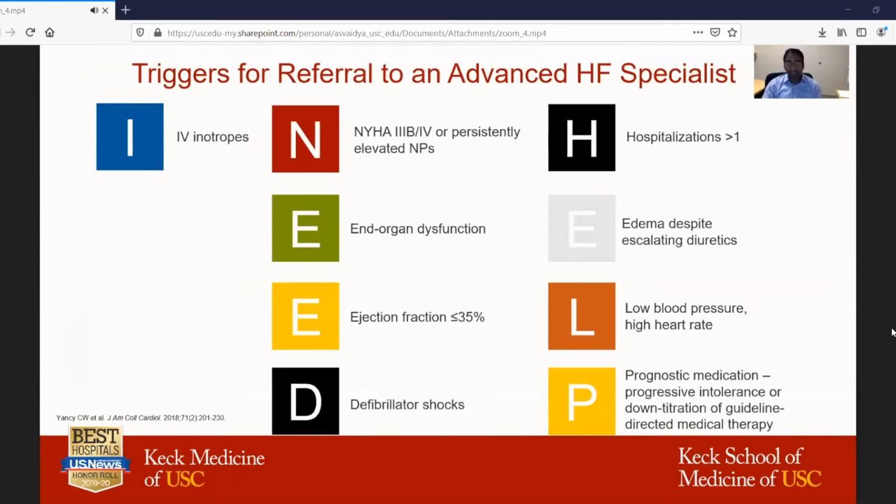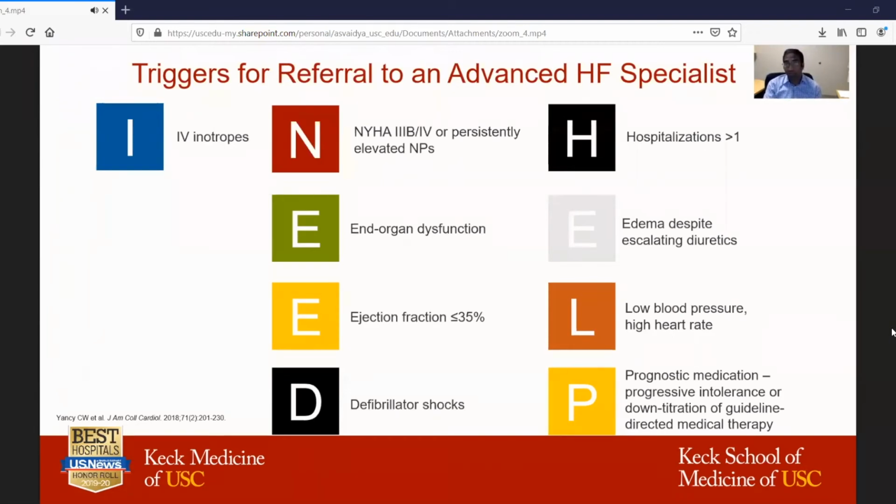So the ACC saw that many patients weren't getting referred on quickly, and so they created this mnemonic for you to help the patients that need help. And this mnemonic goes through these 9 clinical risk factors: the need for IV inotropes, significant symptoms or persistently elevated BNPs, natriuretic peptides, evidence of organ dysfunction, like renal or liver dysfunction, low EFs, less than 35%, presence of defibrillator shocks, and importantly, hospitalization.